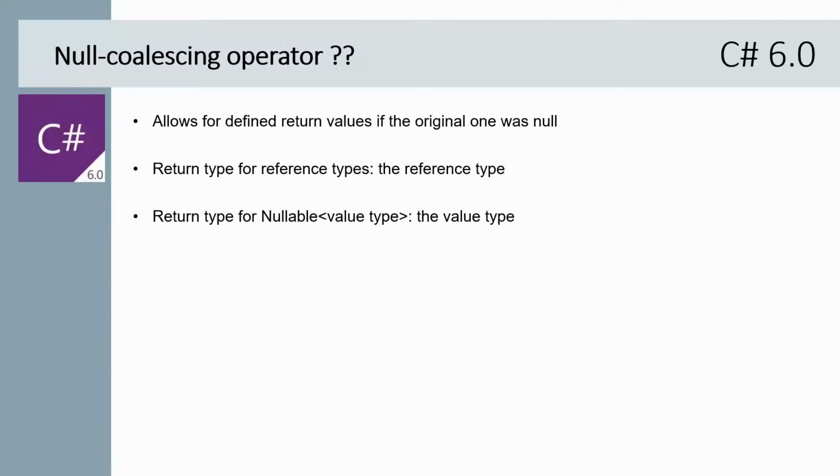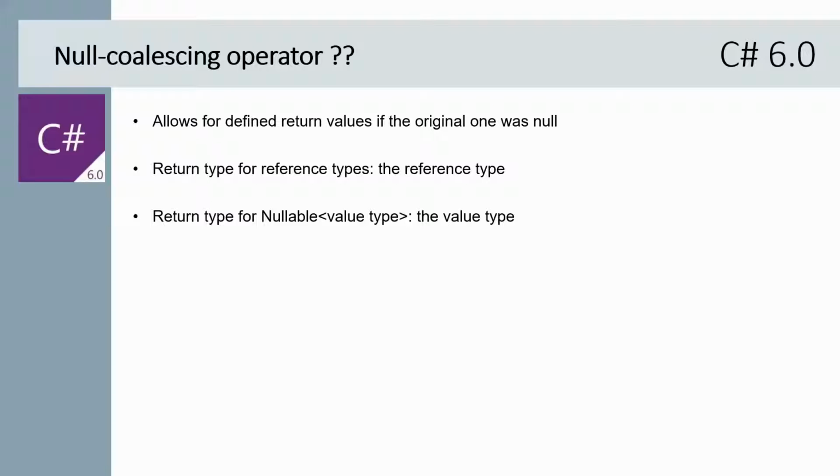And the next one on our list is the null-coalescing operator, the question mark, because apparently Microsoft loves question marks. The purpose behind this operator is that if you have a method or a property that returns potentially a null, but you want to continue your code in a state where the result is never null, you can use the null-coalescing operator.